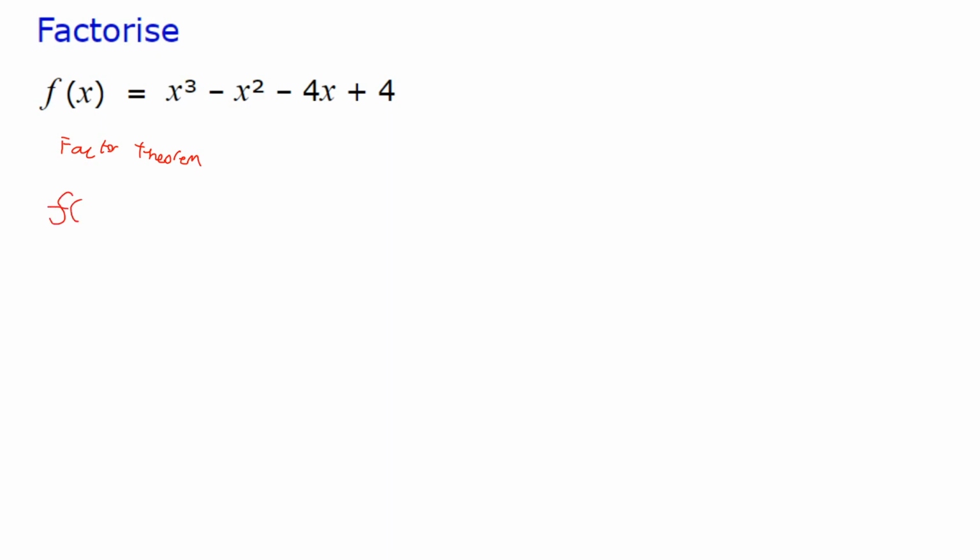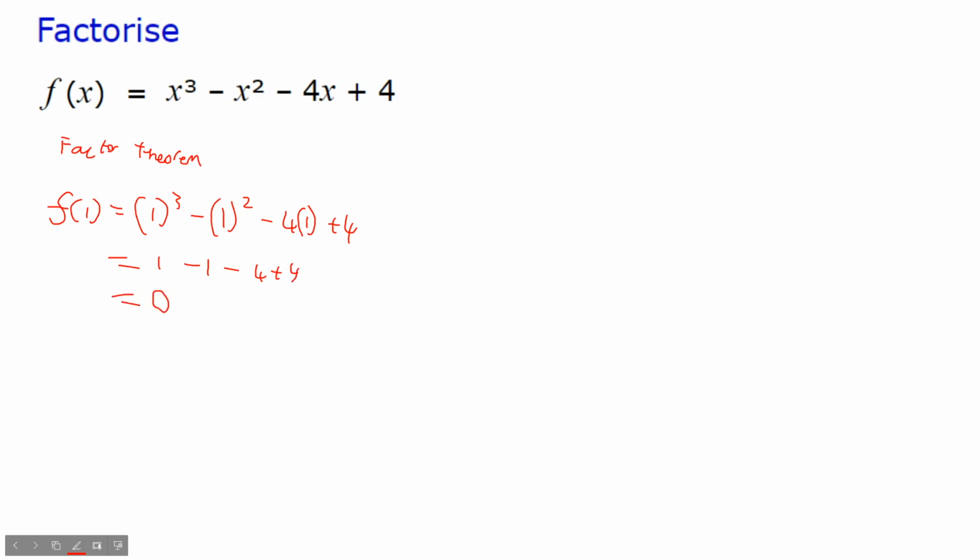So f of 1 is going to be 1 cubed minus 1 squared minus 4 times 1 plus 4, which is just going to be 1 minus 1 minus 4 plus 4, which is 0. Okay, we got lucky. So therefore we know that x minus 1 is a factor.